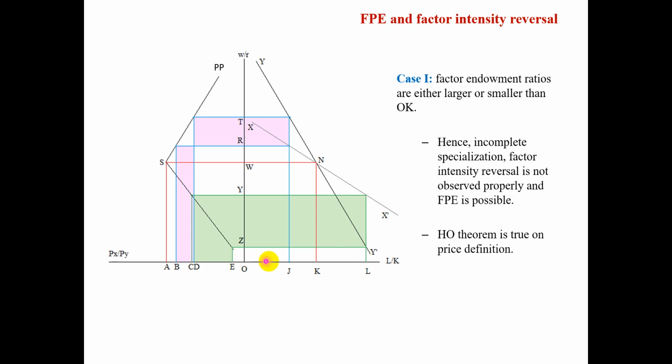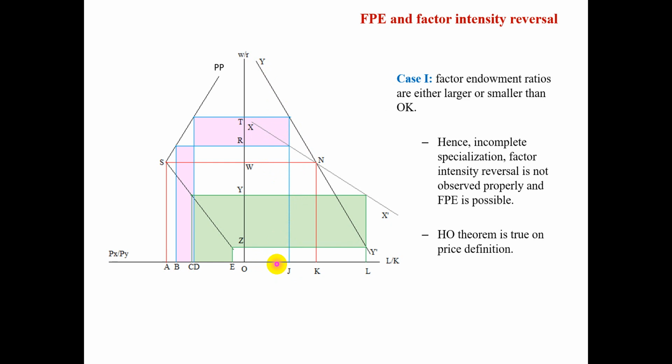Similarly, if both the countries have some factor endowment which is less than OK, then although there is factor intensity reversal, that is not experienced by the two countries. So for them, Y is always more labor intensive than X. So once again, you can find out the different zones of factor price and zones of commodity price.